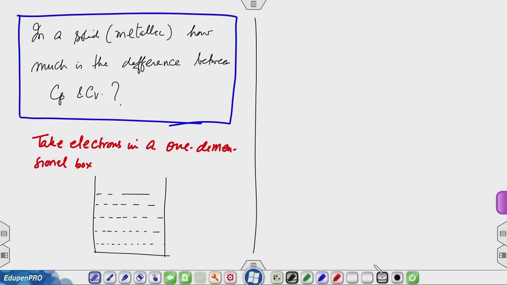Each level has 2 electrons maximum. So, let us just do a quick calculation.